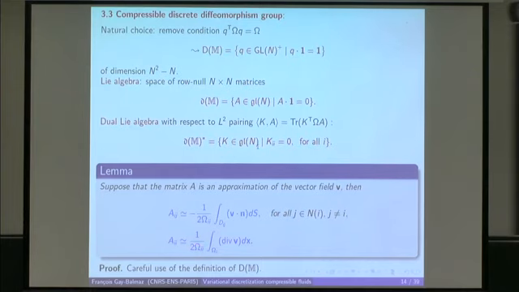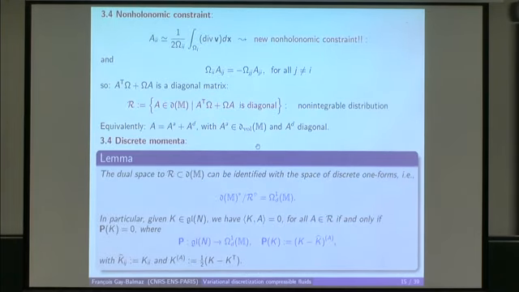It corresponds to the integral of the divergence of V on the cell number I. So at this point, we observe that this yields a new non-holonomic constraint, right? So we removed the incompressibility constraint from earlier, but removing this introduced a new difficulty that was not present in the incompressible case, which basically says that the Lie group is too big and that we have to impose an additional constraint. This constraint is the following.